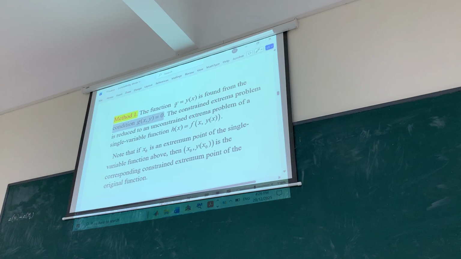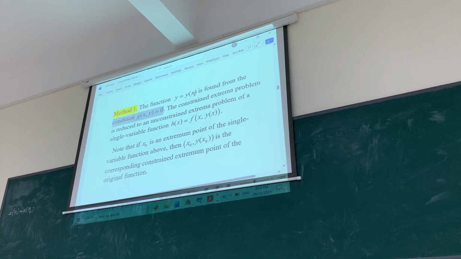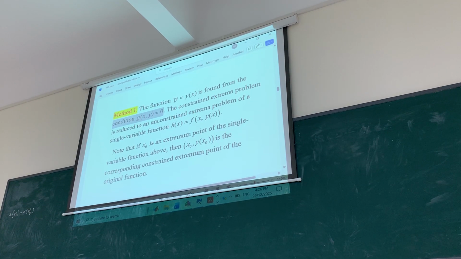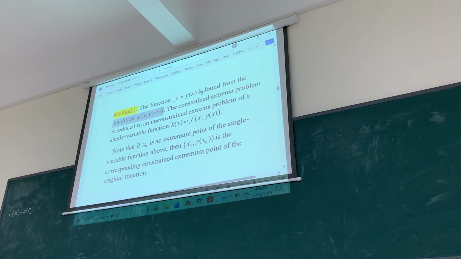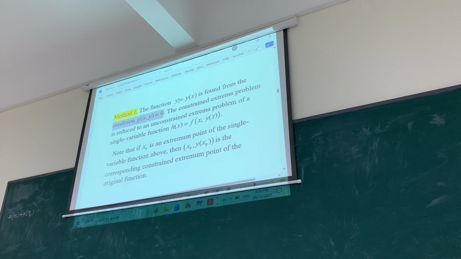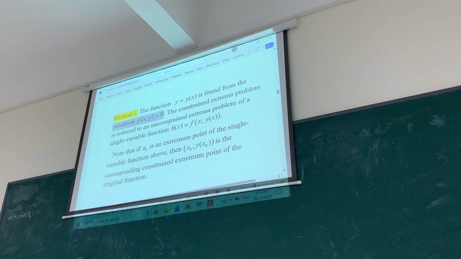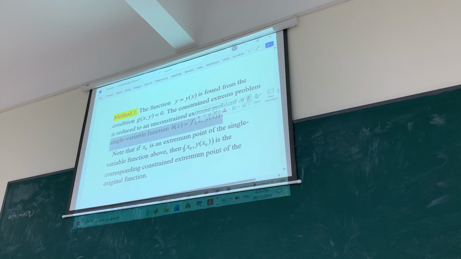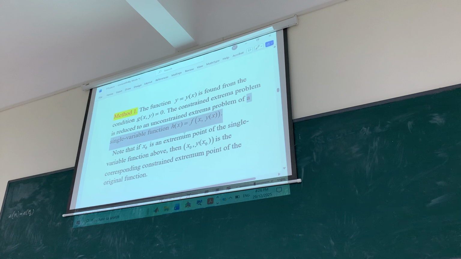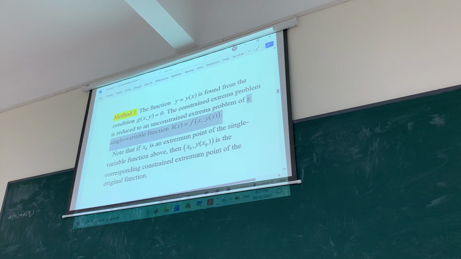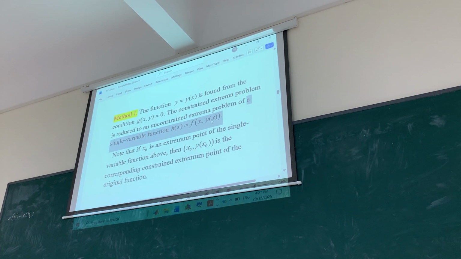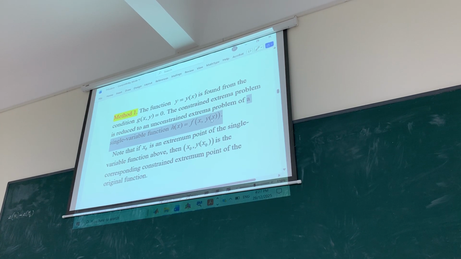We can express y as a function of x. Suppose y equals y(x). We replace y equals y(x) into the function f. The function f becomes a single variable function, f equals f(x, y(x)).